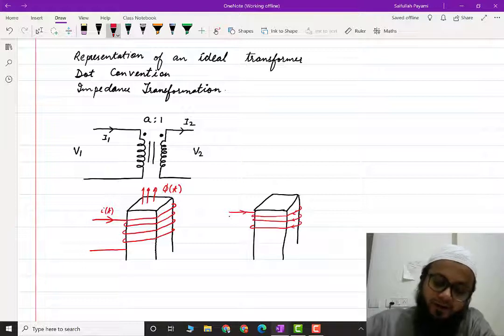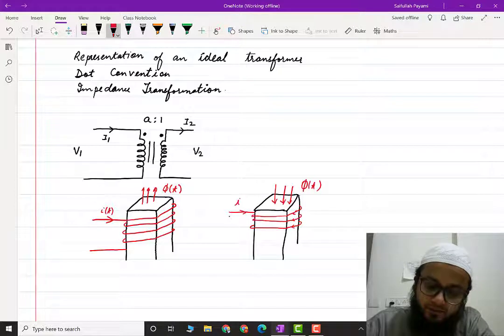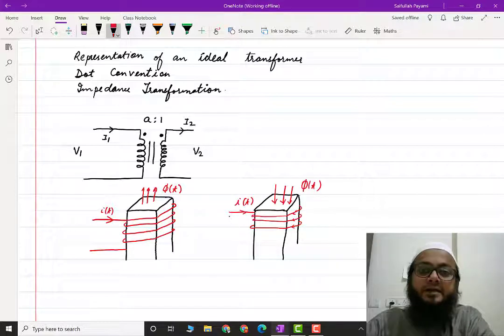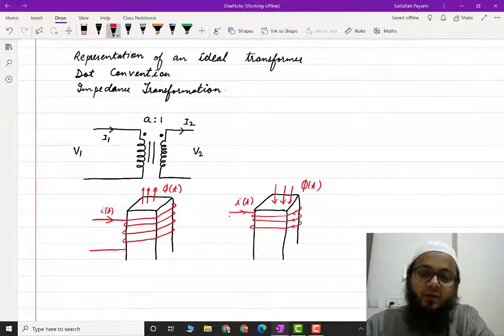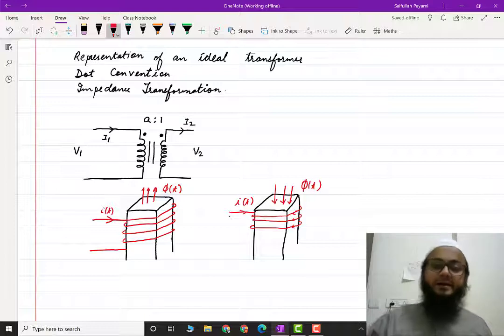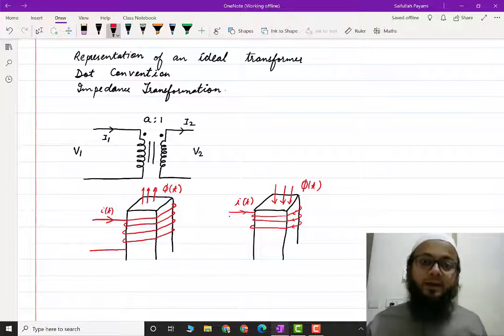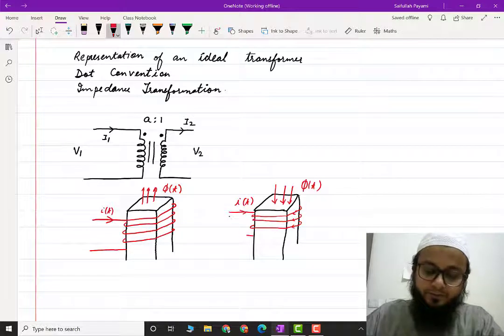If the current is coming in this direction, this time the flux would be increasing in the opposite direction. So how we have wound on the limbs of the transformer, how we have started the winding, decides how the EMF would be induced.